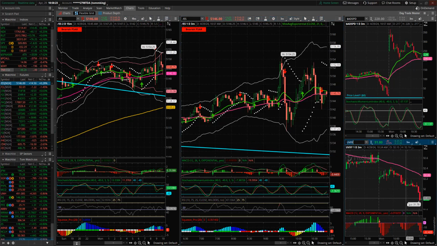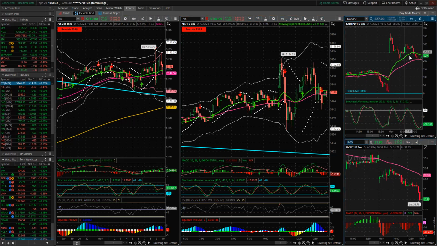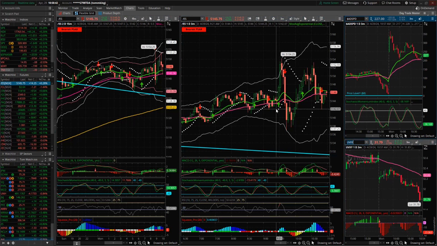On the advance-declines, they've been positive all day above the zero. They've been tailing off, but they're still positive here. Doesn't mean anything, but again, I would probably consider doing something to the put side at this point.